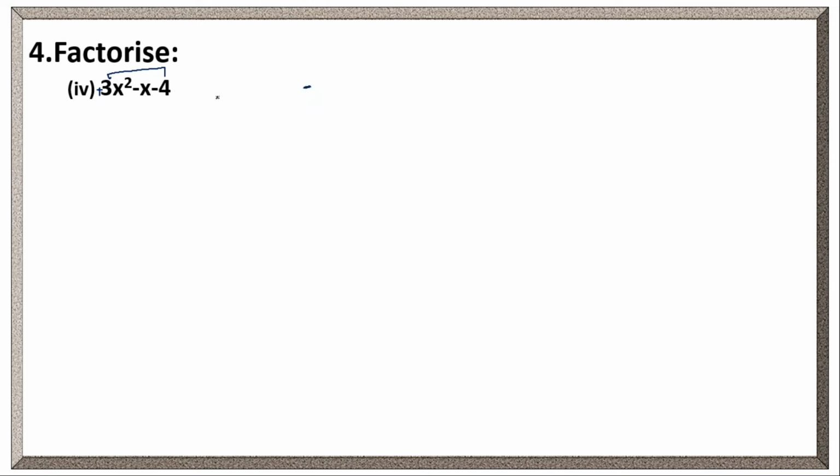Plus into minus, minus 3 into 4, 12 x square. Clear? Sum we should get minus x. So what are the factors of 12? 1 into 12 or 2 into 6 or 3 into 4. Yes, in this way we can take.